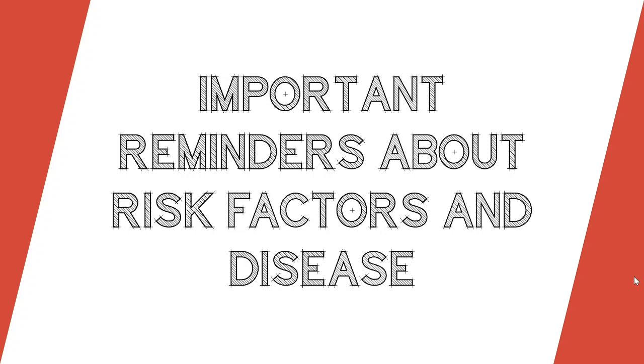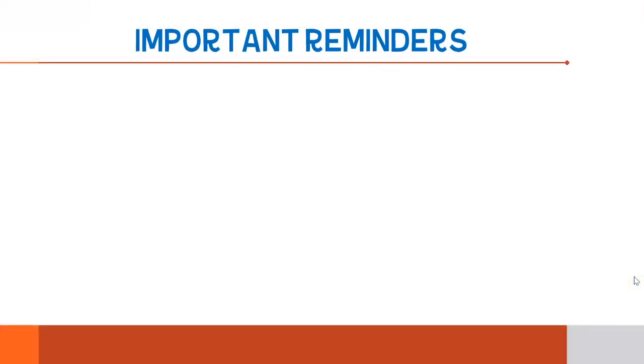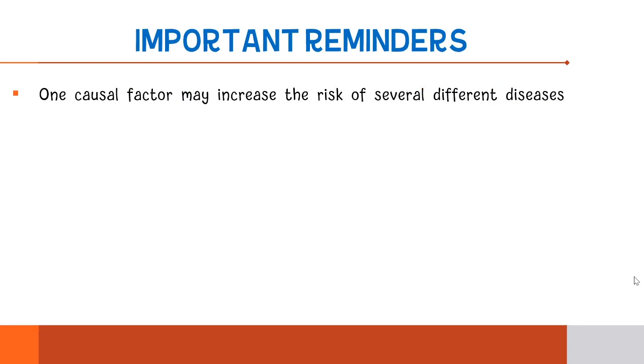So now we go to the last part of our discussion, and these are just some important reminders about risk factors and disease, just to sum up all of those things. One causal factor may increase the risk of several different diseases. Like for example, the one we mentioned regarding cigarette smoking being a risk factor not only for lung cancer, but also for pancreatic cancer and even COPD, your chronic obstructive pulmonary disease.